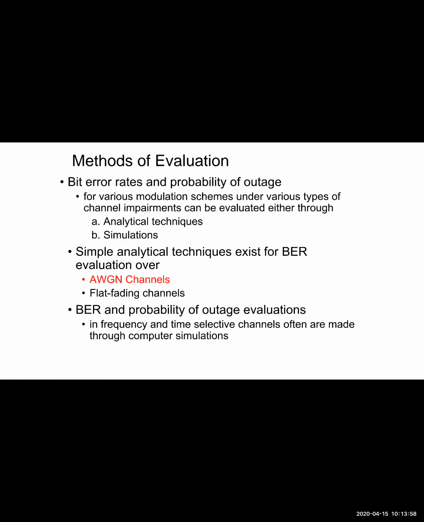Yes, sir. So in simple BER analysis in additive white Gaussian noise, we have a technique of deriving equations, and then we can do bit error rate analysis and the evaluation. When it comes to a flat fading channel, you can still do BER analytical analysis. But when it comes to BER and probability of outage evaluations for frequency and time selective channels, the only way is simulation.